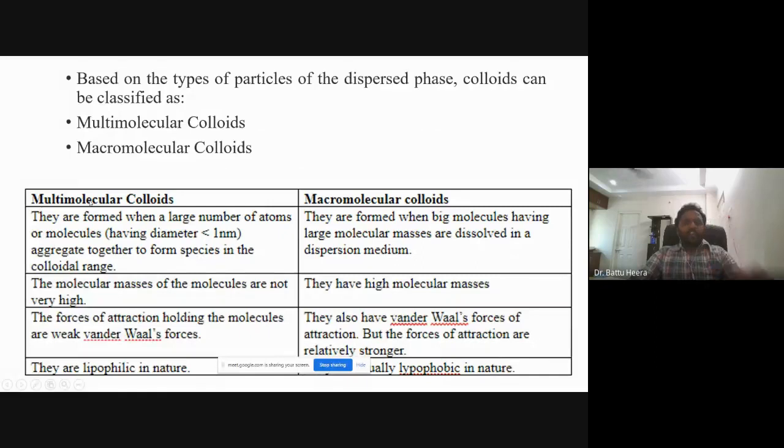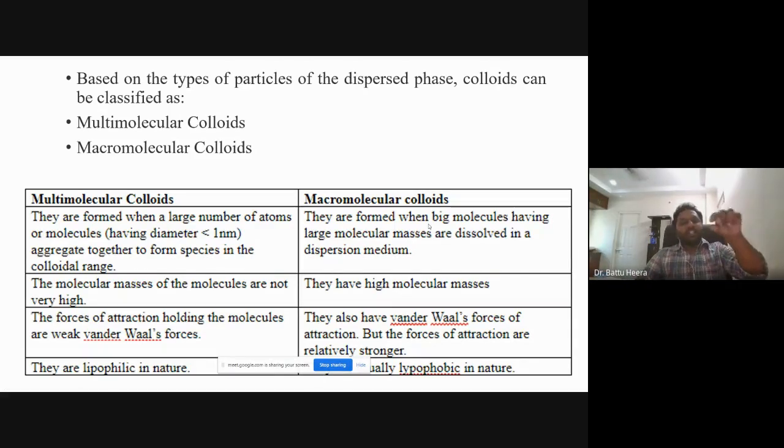Multimolecular colloids are formed when a large number of atoms or molecules aggregate together to form a colloidal range, that is diameter below 1 nanometer, above the 1 nanometer. Whereas macromolecular colloids are formed when big molecules having large molecular masses are dissolved in the dispersion medium.